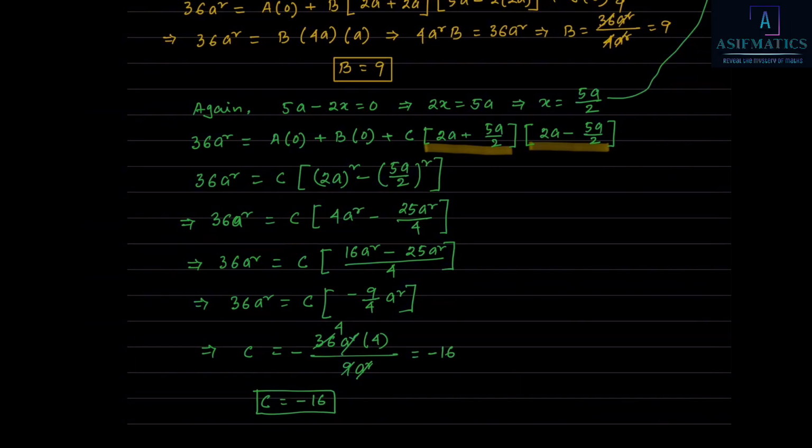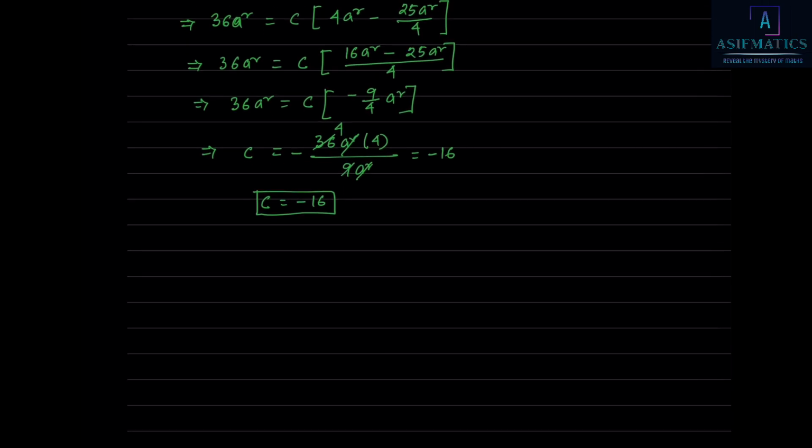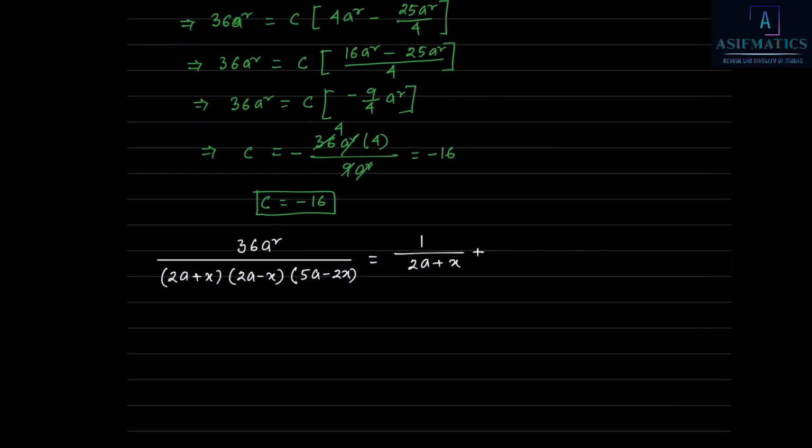So what we can get from here? Already we have our a, b and c values. Our final result for this partial fraction: 36a square divided by 2a plus x, 2a minus x, 5a minus 2x equals, with a value of 1, 1 by 2a plus x, plus b value was 9, so 9 by 2a minus x, and our c value is minus 16, so minus 16 by 5a minus 2x.